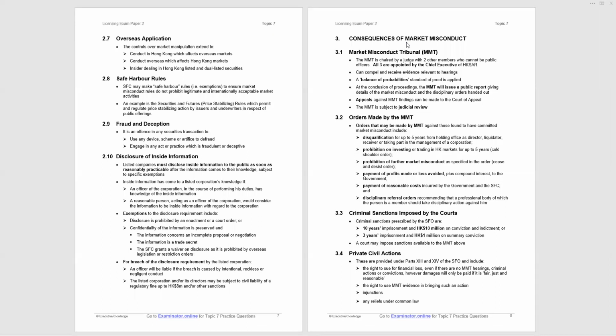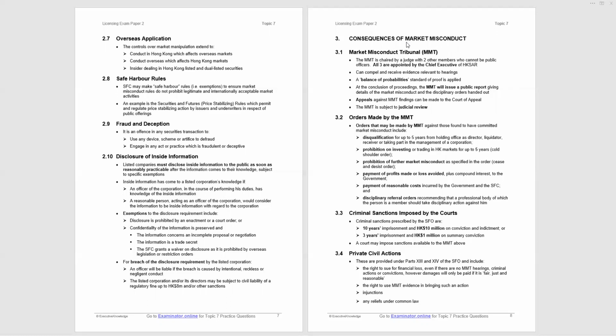Okay. Safe harbor rules. They protect certain activities from being labeled market misconduct. And the main one, indeed, I think it's the only one, is the price stabilizing rules, which allows the price stabilization of a new issue, a public offering, for the first 30 days from the issue, to support the price if the price falls below the offer price.